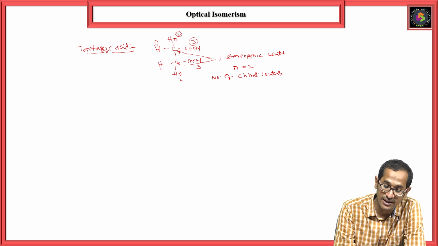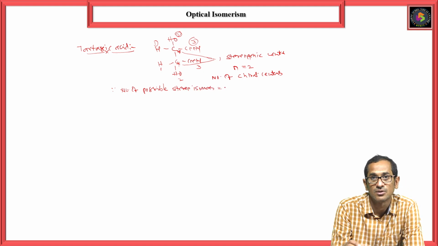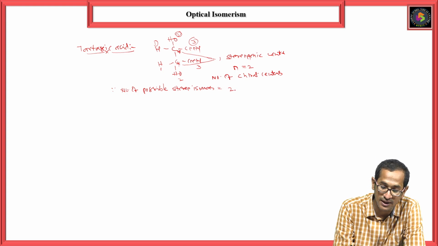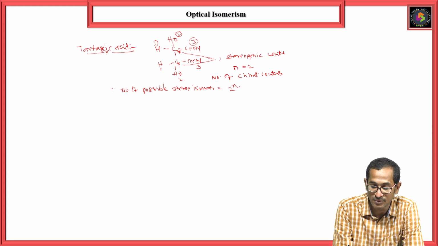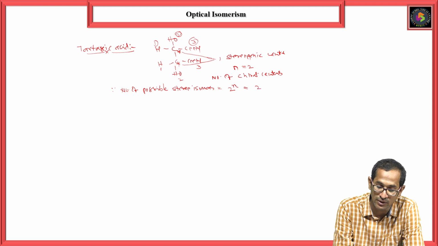If you know the number of chiral centers, it is easy to determine the number of possible stereoisomers. The number of possible stereoisomers is given by the equation 2 to the power of n, where n is the number of chiral centers. We have n equal to 2, so 2 squared is equal to 4.